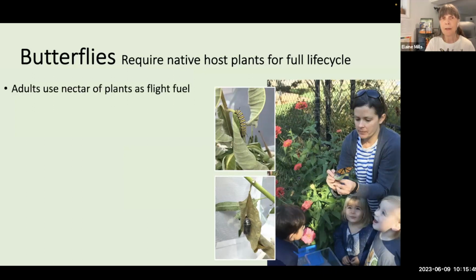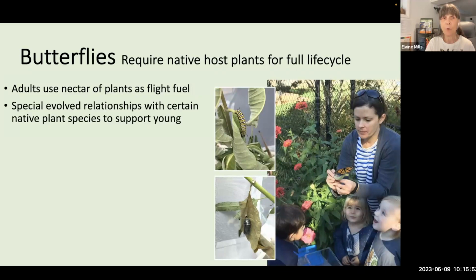The adults can use the nectar of various plants as flight fuel, but they have special evolved relationships with native plant species to support their young. In other words, the adults, for example, could nectar on a non-native plant like butterfly bush, but that plant will not serve as a so-called larval host plant, and it can't support the full life cycle of butterflies.